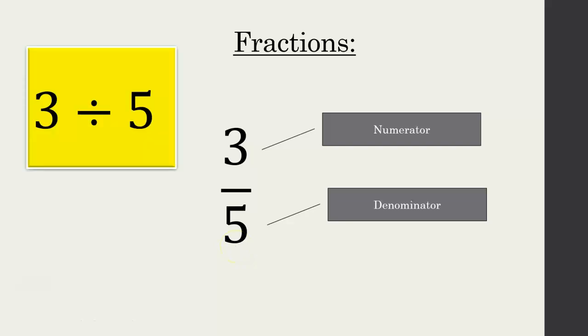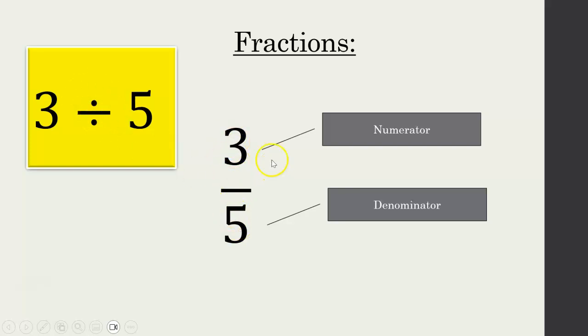What are fractions? Well, fractions are actually very similar to 3 divided by 5. This fraction is actually the exact same thing, and that's where we get the notation for dividing from. The dividing sign is a line with a dot and a dot that represent these numbers.